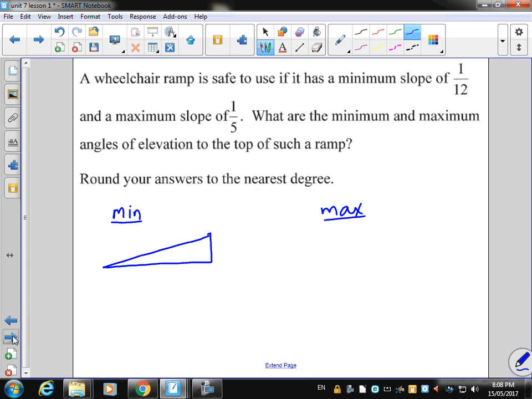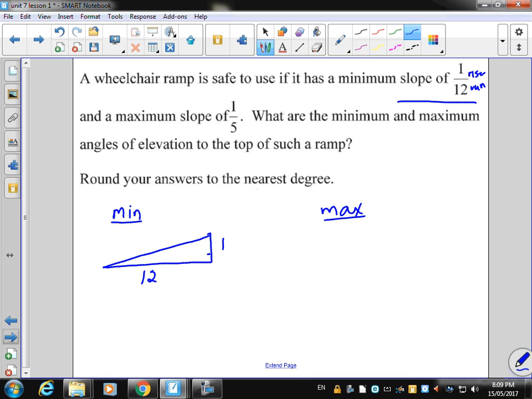So if we have our wheelchair ramp and it has a slope of 1/12, that reminds me of grade 9 where we talk about rise over run. So if you have a slope of 1/12, your rise and your run would be 1 to 12.